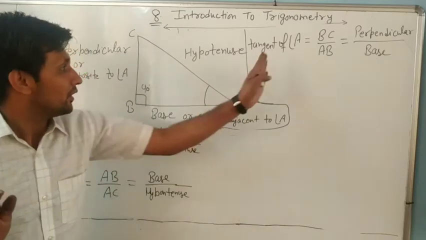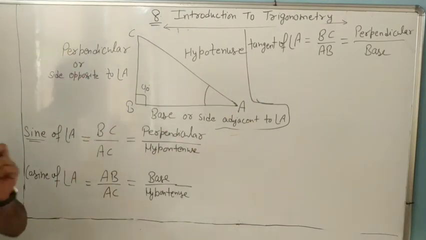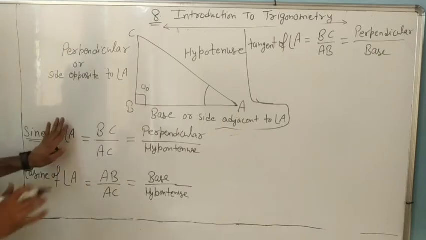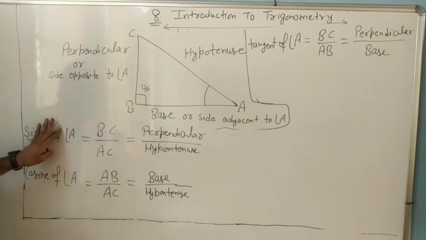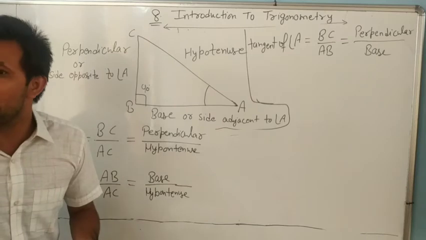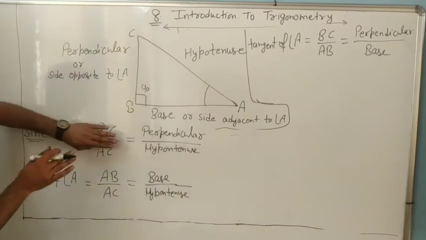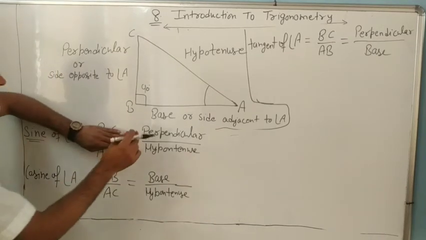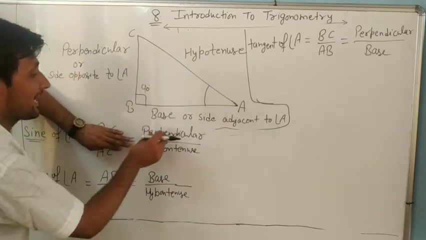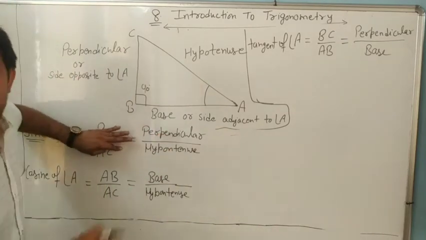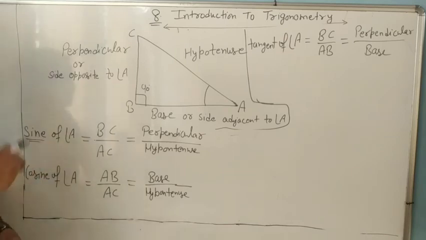Only we are giving names, they are different, because everything is angle A, so it is very difficult to identify otherwise. So whenever in any question we take perpendicular by hypotenuse, its name is sine of angle A.